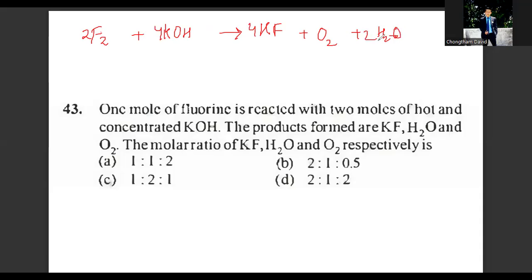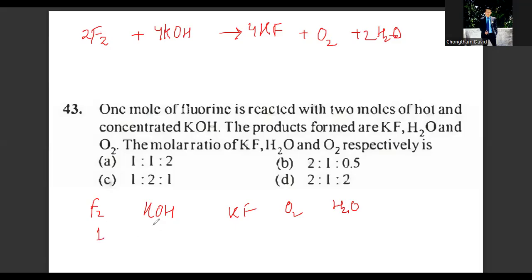Balance the equation. So for 1 mole of fluorine, the molar ratio would be, you have here 2 moles, right? So for 1 mole, let me first write down all the required chemical names. H2O.